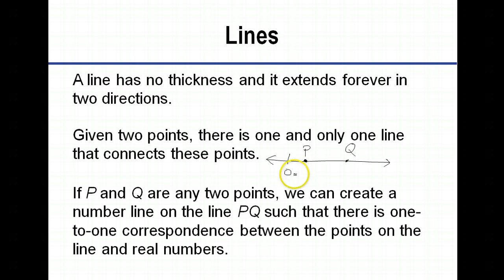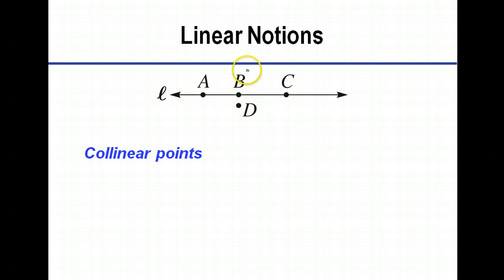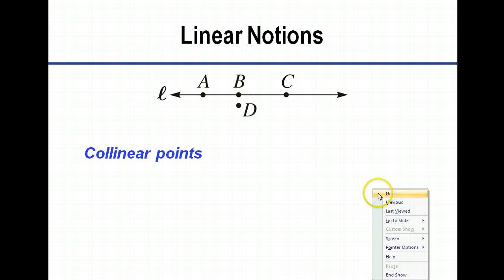Remember, we talked about this with the number line, that the unit is an issue. We can't really label any point and give it a value until we know where 1 is. For example, if I put 1 here, that makes a difference versus if I put 1 over here, right? So those kinds of issues would be precursors to being able to say what P and Q would be specifically.